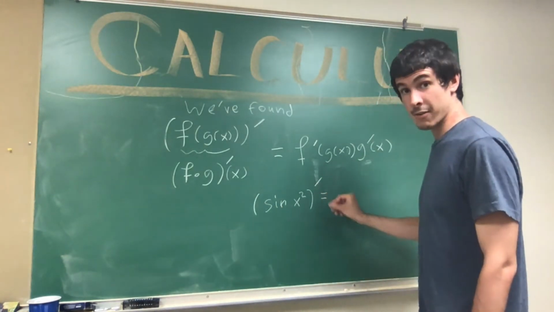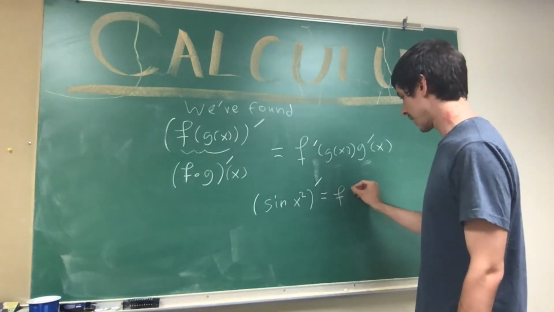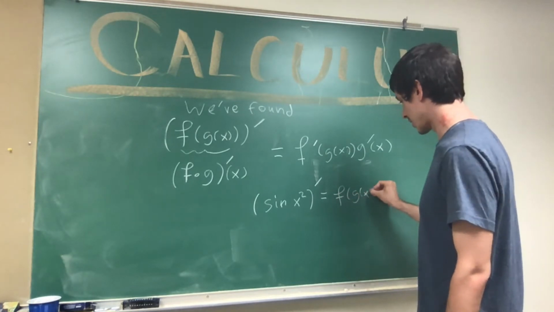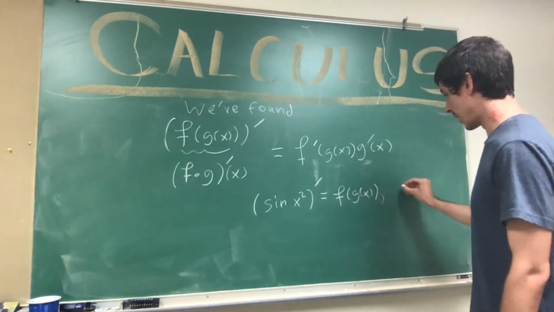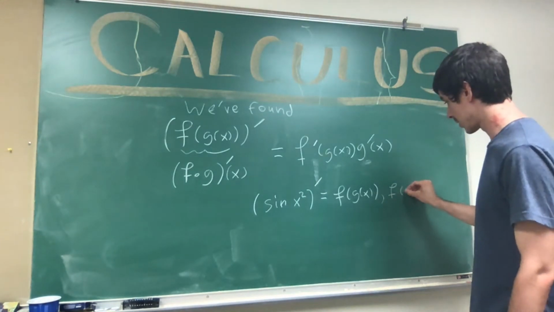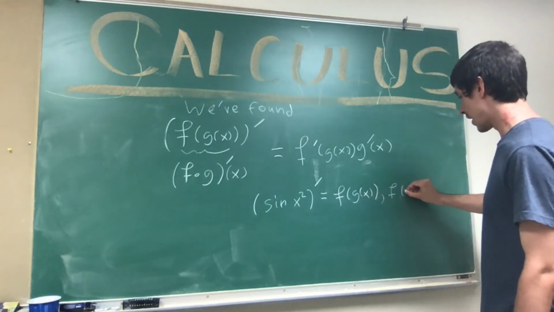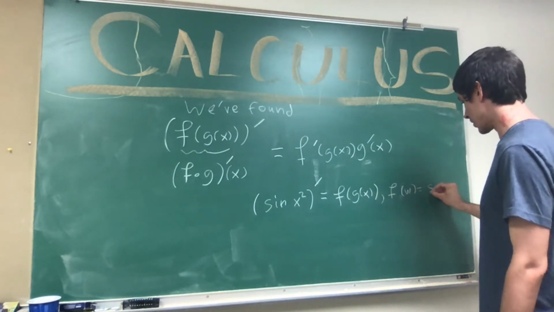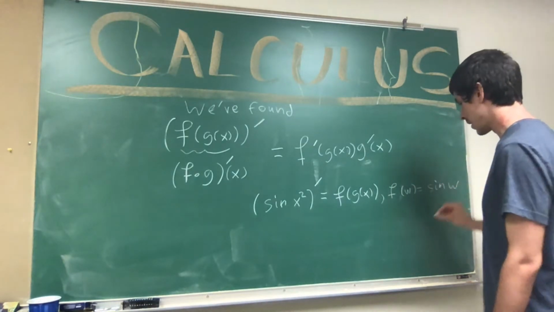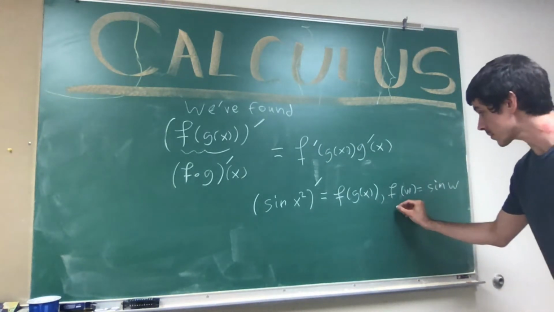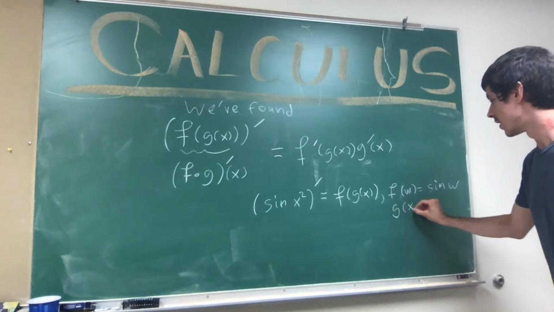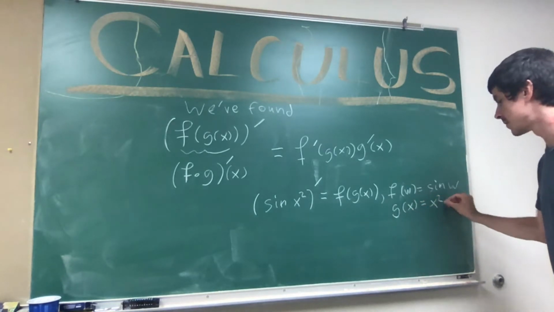So this equals f of g of x, where f of w equals sine of w, and g of x equals x squared.